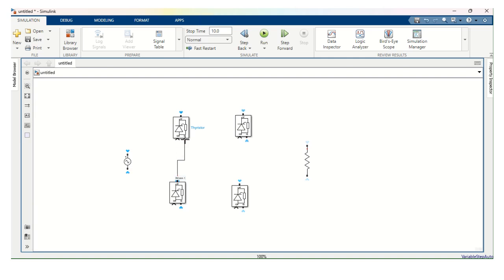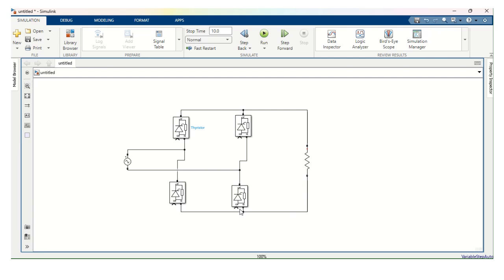So this one cathode to anode, cathode to anode, cathode to cathode, anode to anode. AC voltage source is connected like this. Next the resistance branch is connected like this. So we have connected all the components.